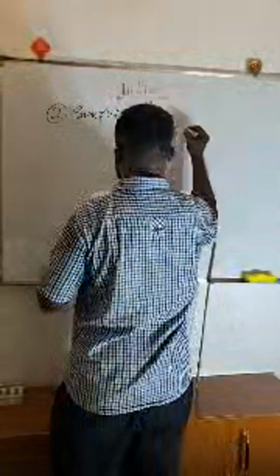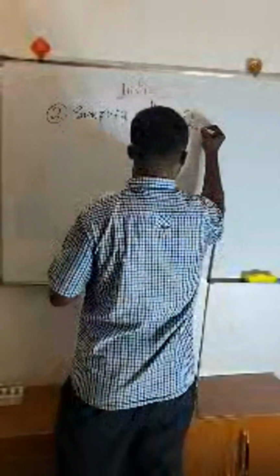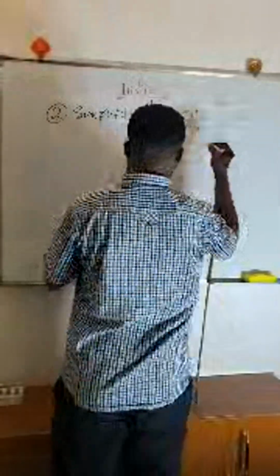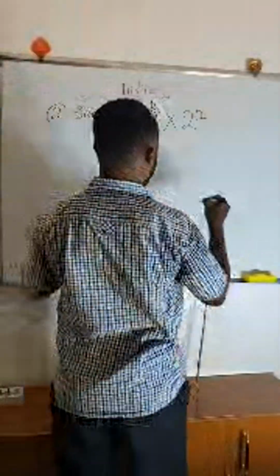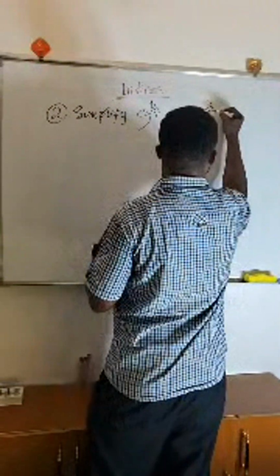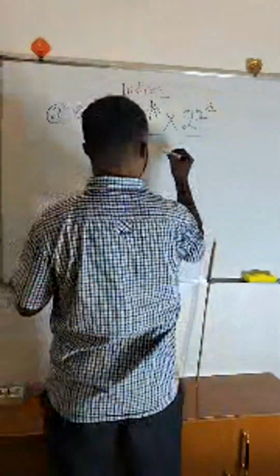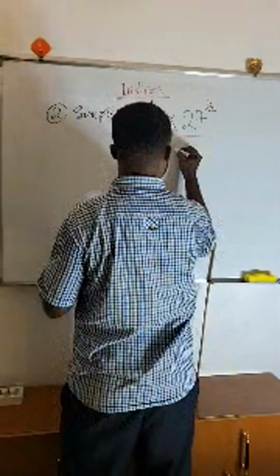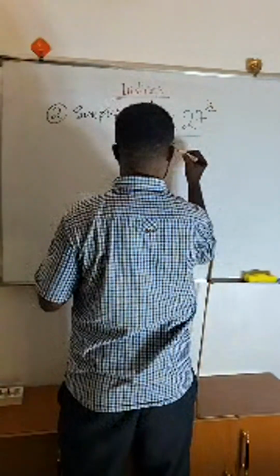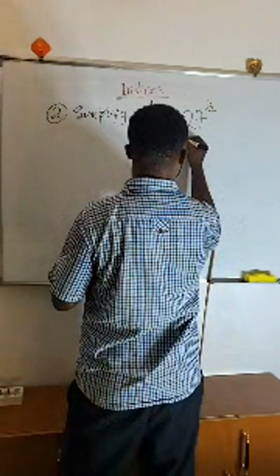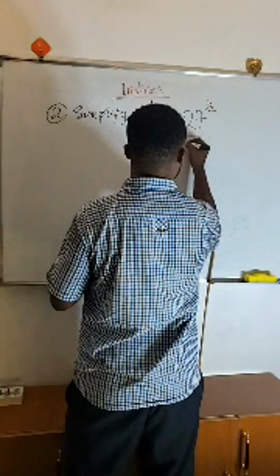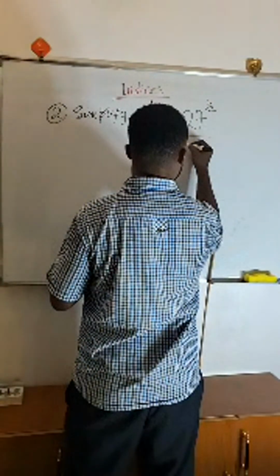multiplied by 27 raised to the power of 1 over 2, then all over 81 raised to the power of 1 over 2.